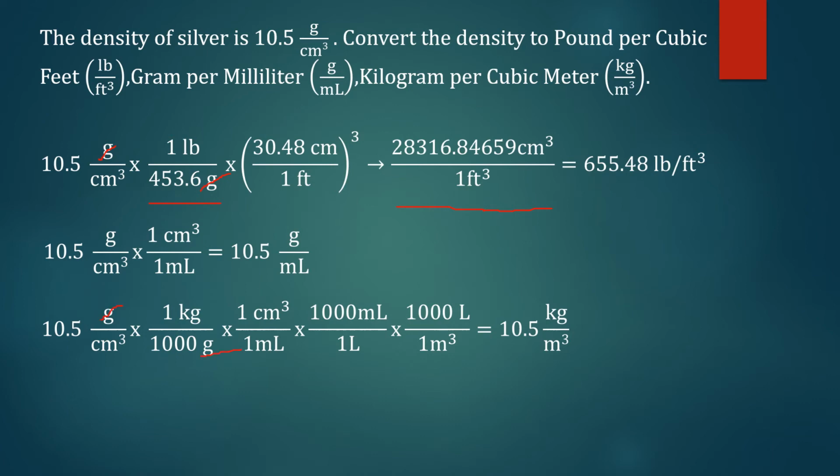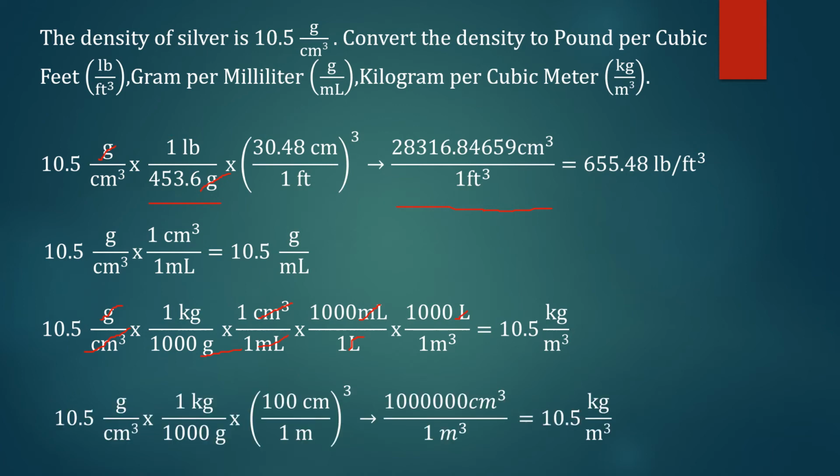So the grams, as you can see, and then we will be left with kilogram, which is what we needed. And now the cubic centimeter. Okay, we'll be canceling this out, this, the ml, and the liter, and we will be left with 1 meter cube. So again, just solve, and after we have solved, we will be arriving at the answer 10.5 kilogram per meter cube. Okay, so this is the second way of answering this.